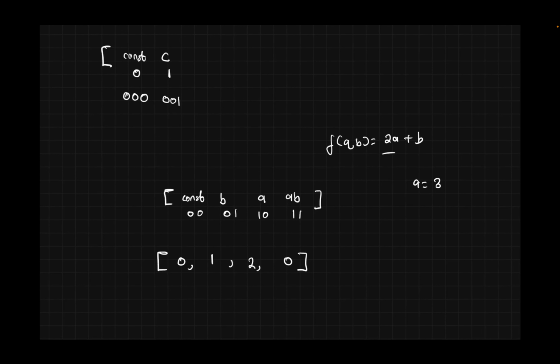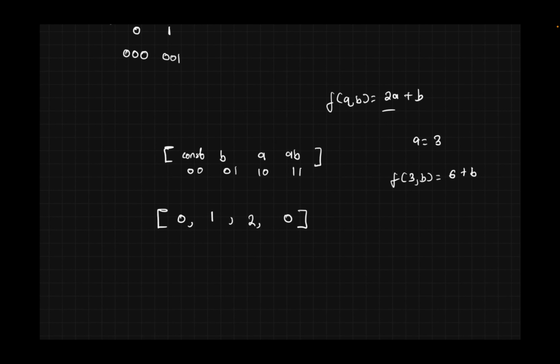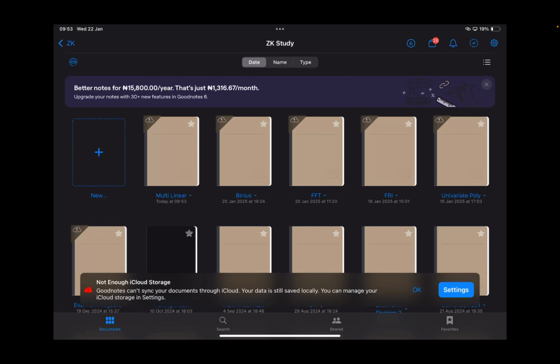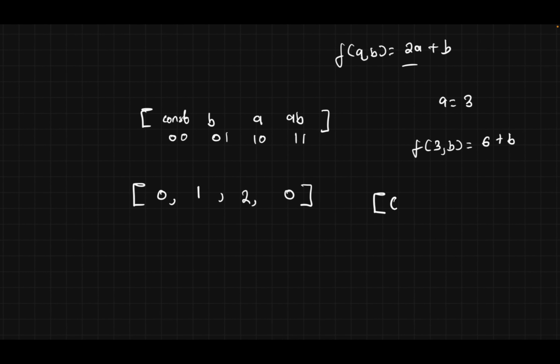When we partially evaluate at A equals 3, that's going to be 6 plus b. So when you represent this, the 6 is going to be at the constant location. 1 is still going to be at b, but the rest of them are going to be 0. So this is the transformation that you want. Does that make sense? Yeah.